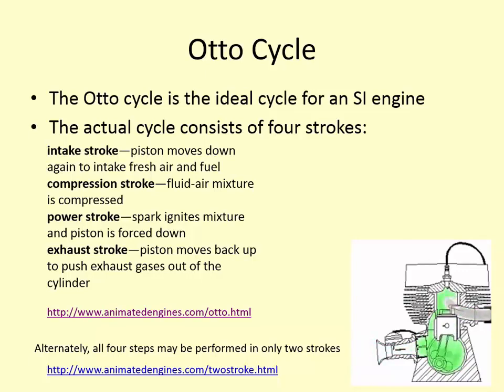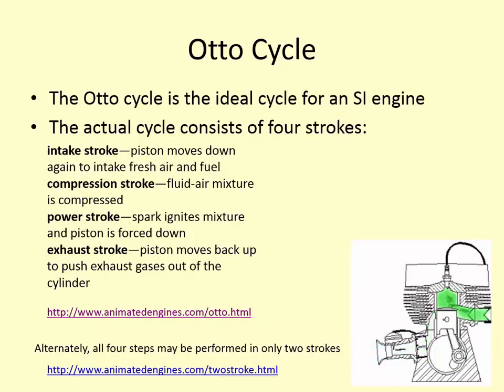So something to look forward to. That's, I think, one area of improvement that the auto industry can move toward, figuring out how to capitalize on the advantages of the two-stroke engine while eliminating the environmental concern.